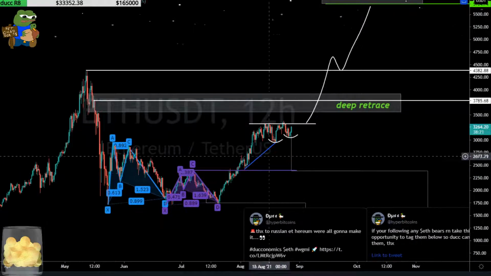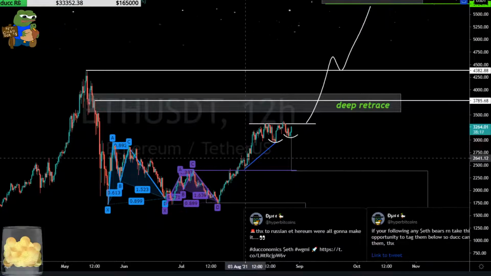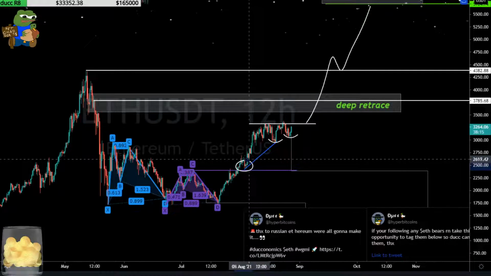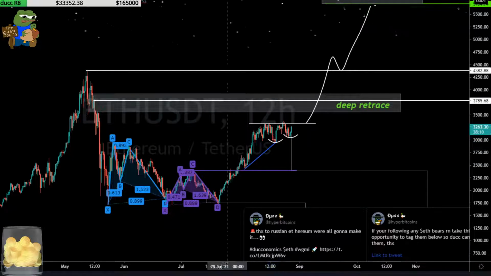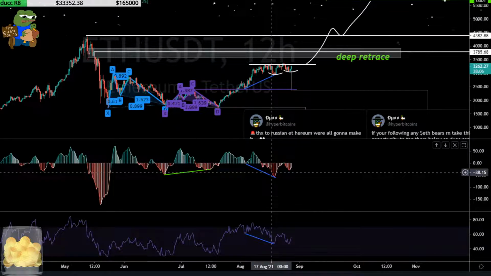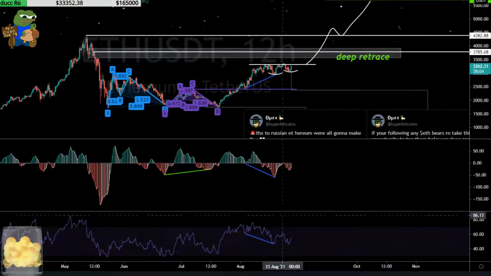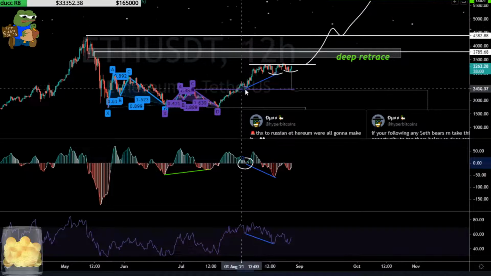All right, so what we had here on Ethereum is, again, you had this low anchor point here and then this higher low here that we've identified. Okay, you can see the blue trend line. We're looking back at this hidden bullish divergence. Again, you could barely see that sucker. Look how weak that sell-off was here, right?